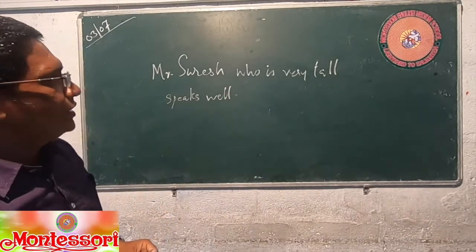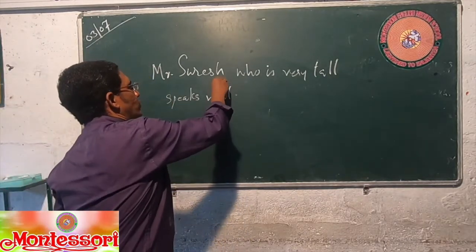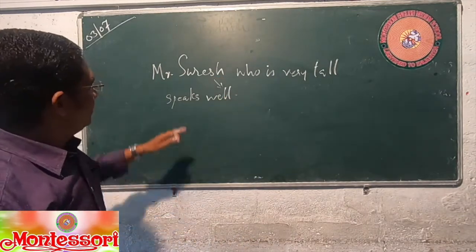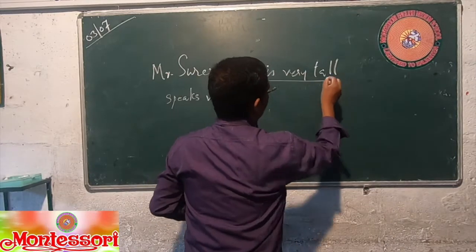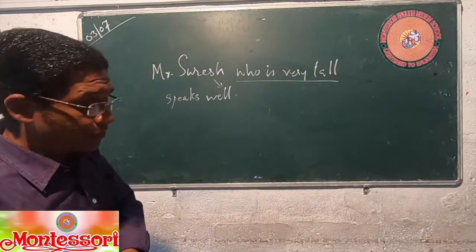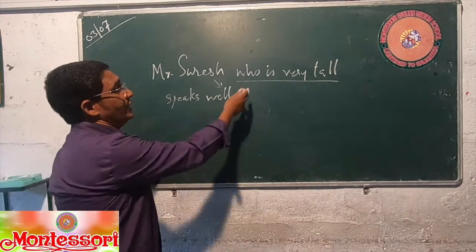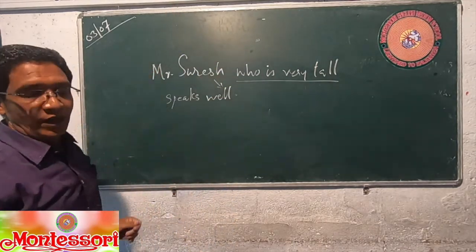Mr. Suresh, who is very tall, speaks well. If I tell you Mr. Suresh speaks well, if you know Suresh, then this definition is not required. If there are more than one or two Sureshes, then I should say which Suresh, the one who is very tall, speaks well.